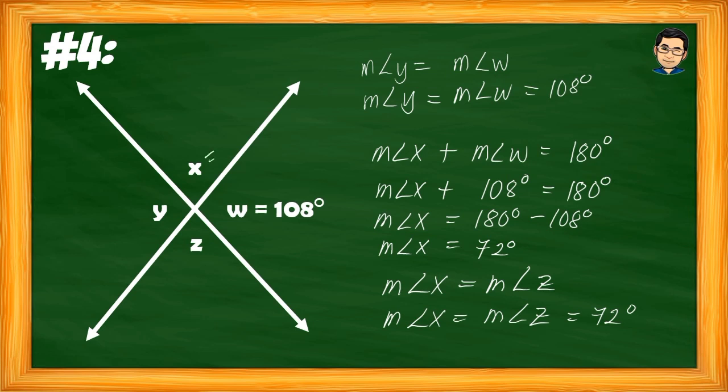Yung X, 72 degrees. Yung Y naman is 108 degrees. And then, yung Z is 72 degrees. So, angle X and angle Z are vertical angles. Angle Y and angle W are vertical angles.